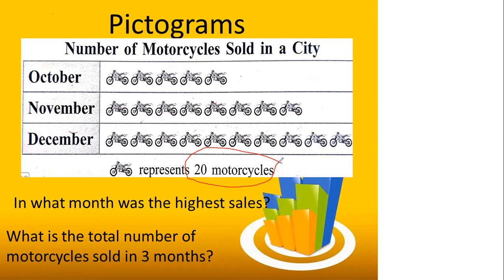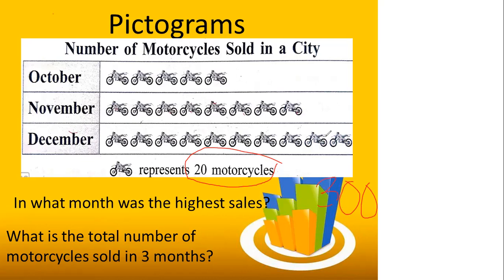For example, you are to draw a sales of, let us say, 300. So therefore you draw how many motorcycles if the sales is 300? How many motorcycles will you draw? If 200, there are 10.